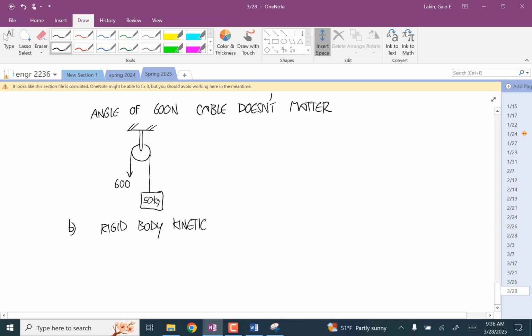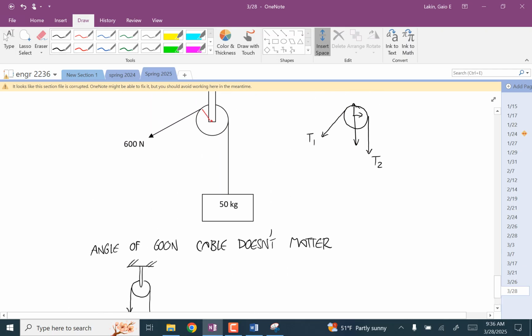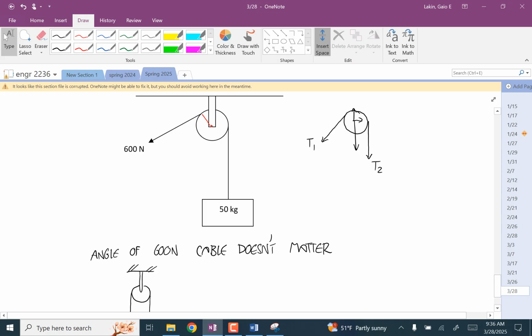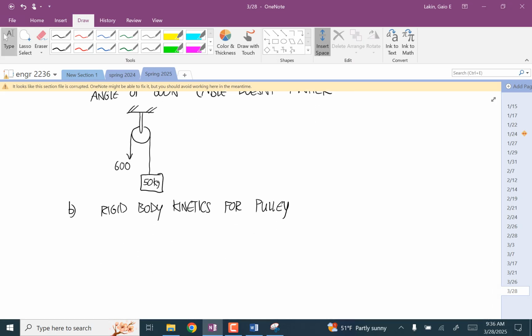The rigid body kinetics for the pulley. Does this have a fixed point, the pulley? Usually fixed point means that you use that instead of the center of mass as the about point. In this case, they're both at the same location.